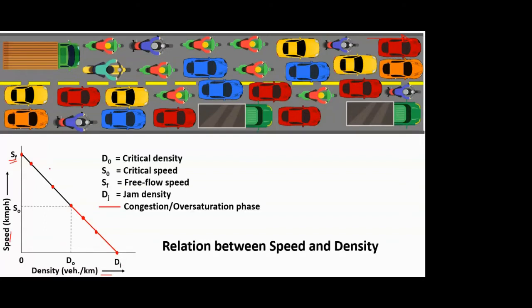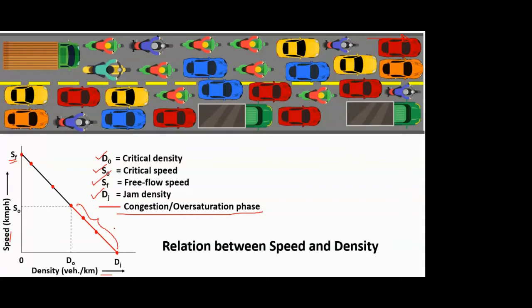D is nothing but the density. DO is the critical density and DJ is the jam density. Likewise, SO is the critical speed, and SF is the free flow speed. The red line that you see is nothing but the congestion or oversaturation phase.